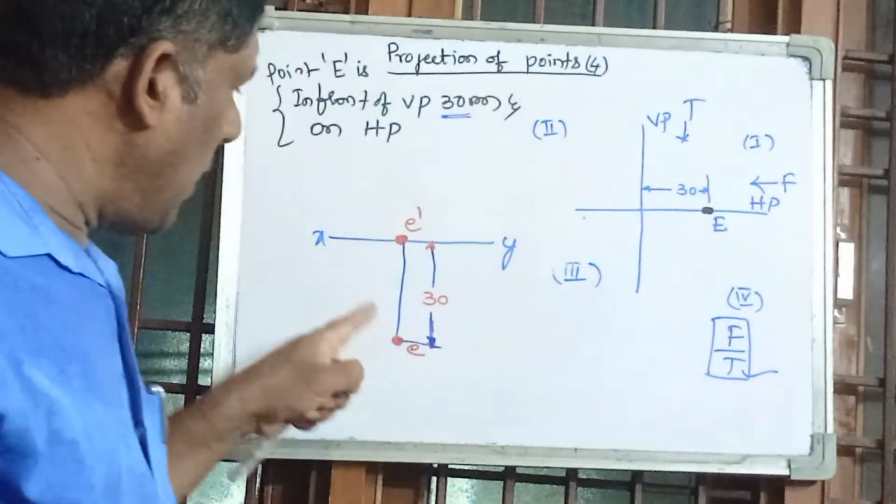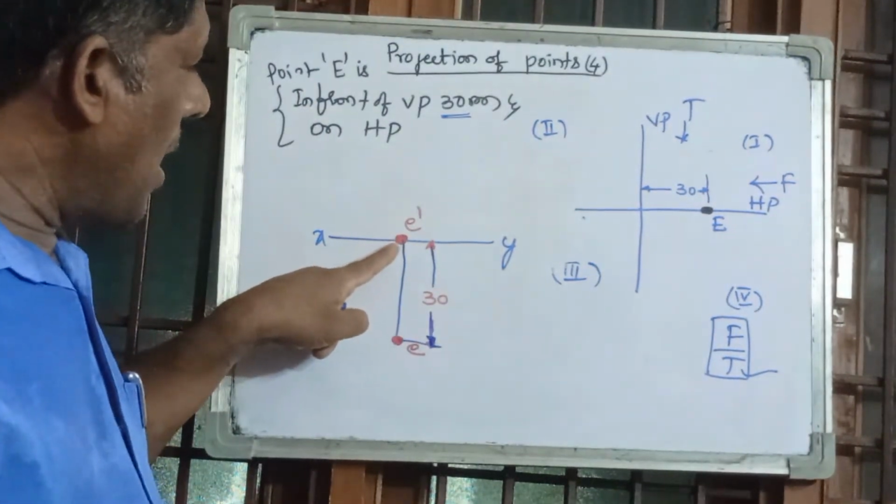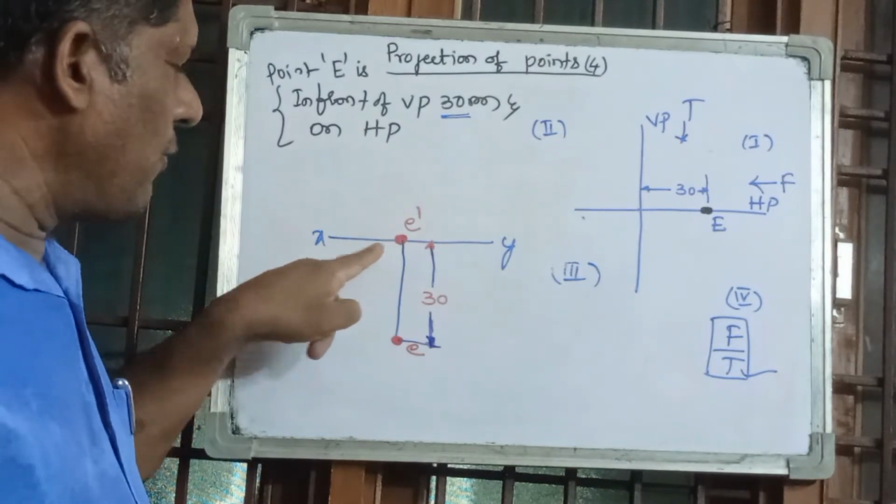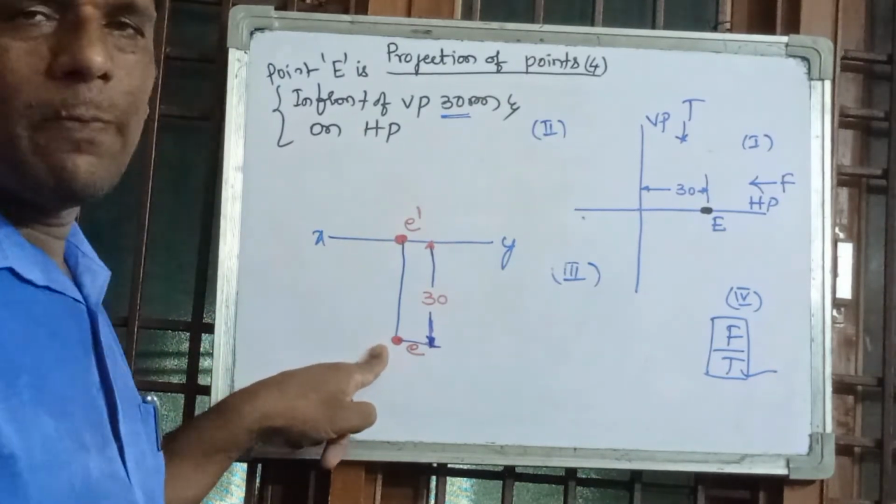Now you see here, on HP, means on XY, is the front view, and in front of VP is 30 mm.